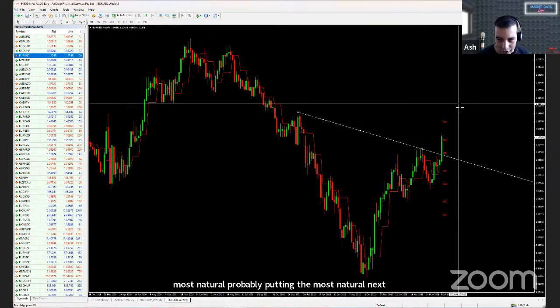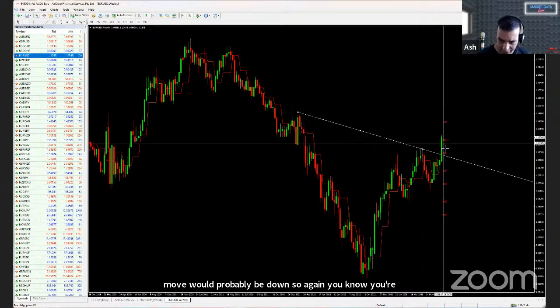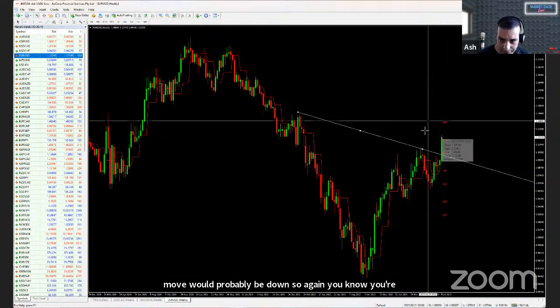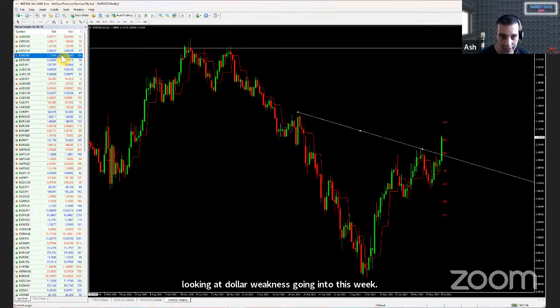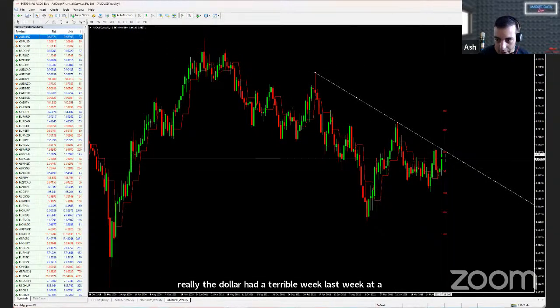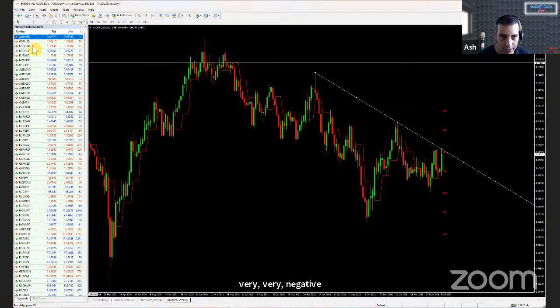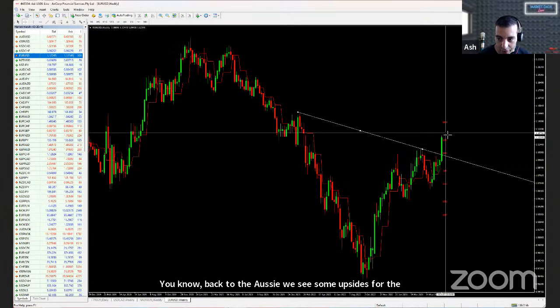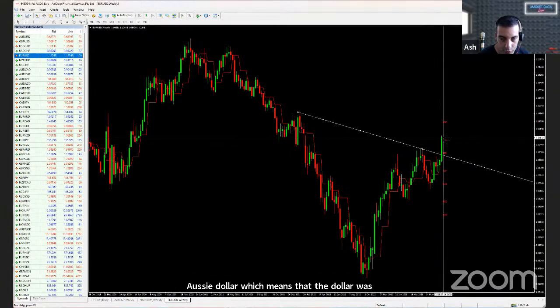So again, you're looking at dollar weakness going into this week. Now that's a strong looking bar, and we saw the dollar really had a terrible week last week. It had a very negative week. Back to the Aussie, we see some upside for the Aussie dollar, which means that the dollar was weak. Upside for euro dollar, and the dollar was again weak in that particular time period as well.